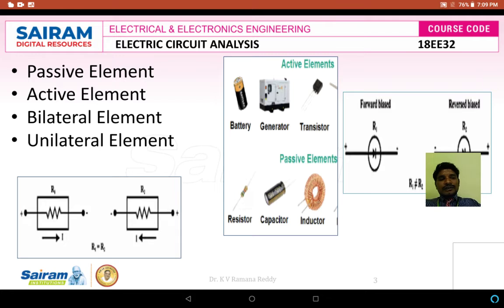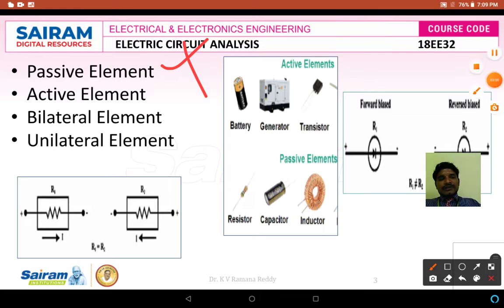Therefore, which elements are called passive elements here? Passive elements are those elements which are capable of receiving energy, which take the energy. Those elements are called passive elements. The best examples for passive elements are resistors, inductors and capacitors.